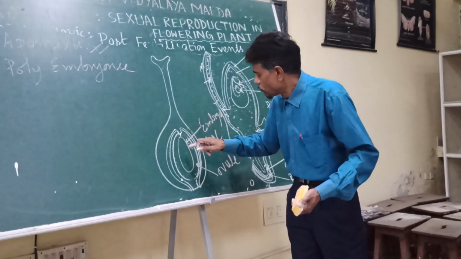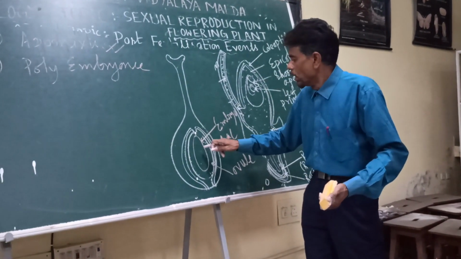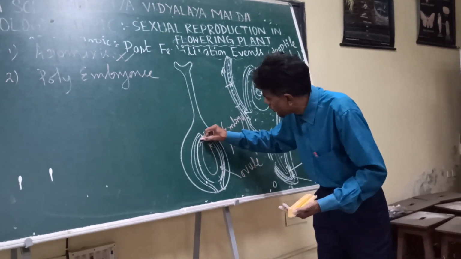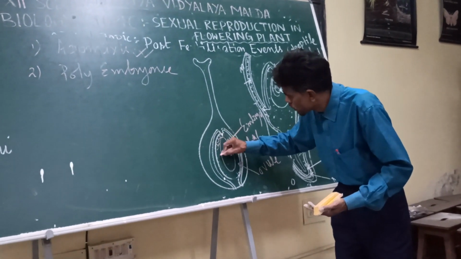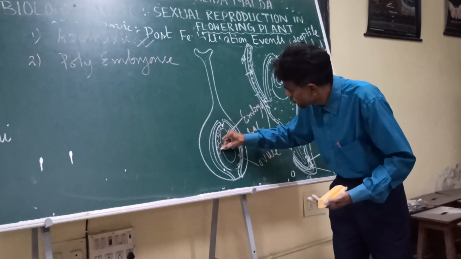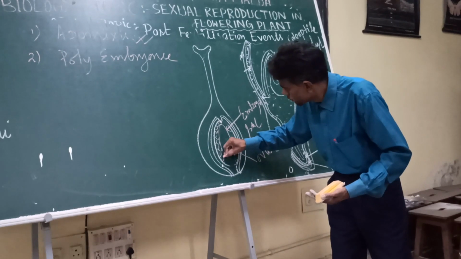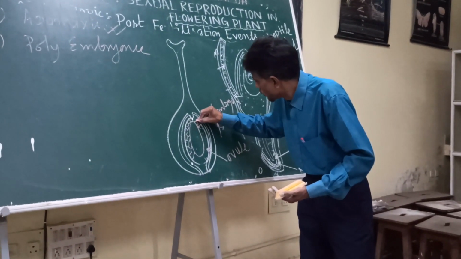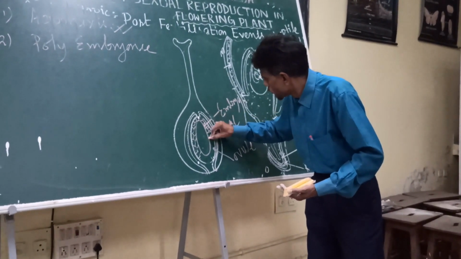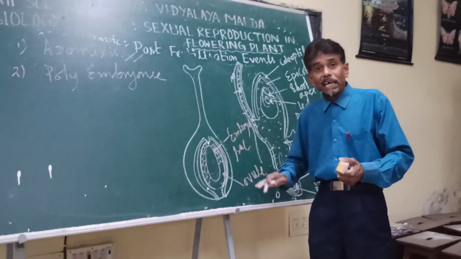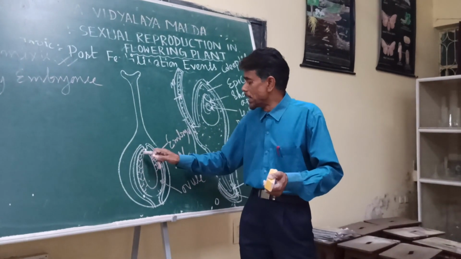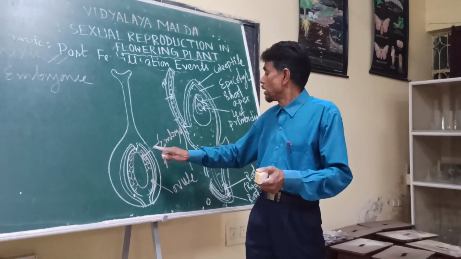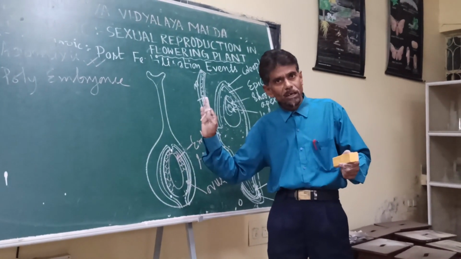Now within the ovule, around the embryo sac, the nucellar tissues are still present. Normally, after maturation of the embryo sac, these nucellar tissues degenerate.